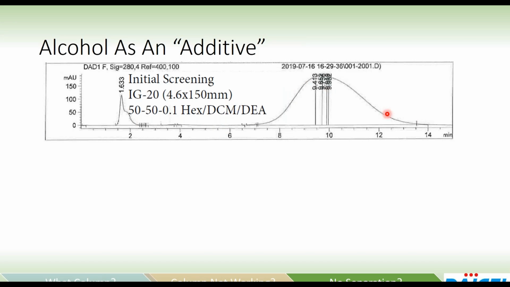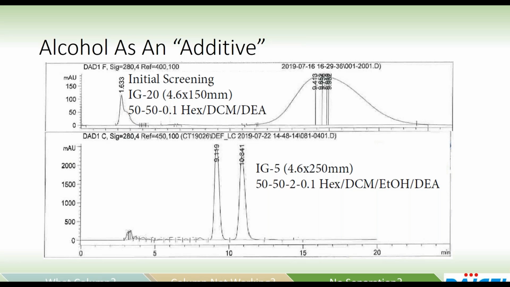Under the screening conditions here, IG showed one broad peak, and we did some other optimization on the side for other reasons, but we ended up redoing the screening with 2% ethanol in the mobile phase. And just by adding 2% ethanol, we went from, again, one large broad peak to 2 nice peaks.